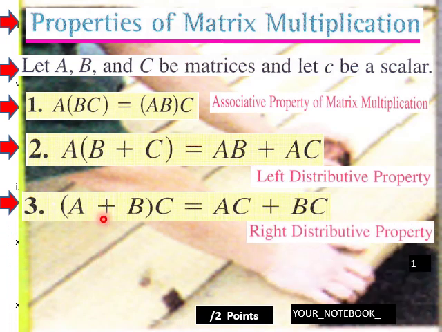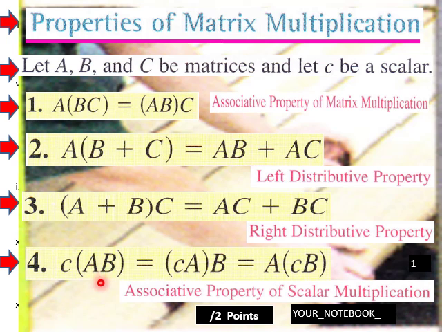And then quantity A plus B times C will be right distributive, AC plus BC. So you have a difference here of order. It will change your quantities and your matrices. We know that matrix multiplication is not commutative, so remember that.